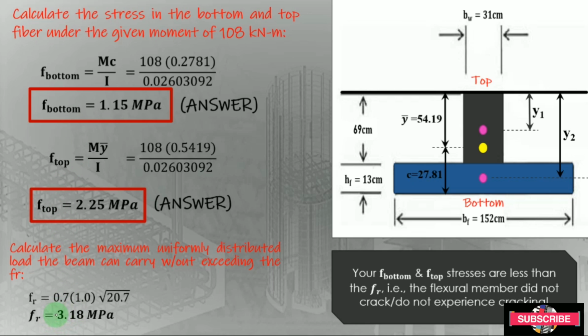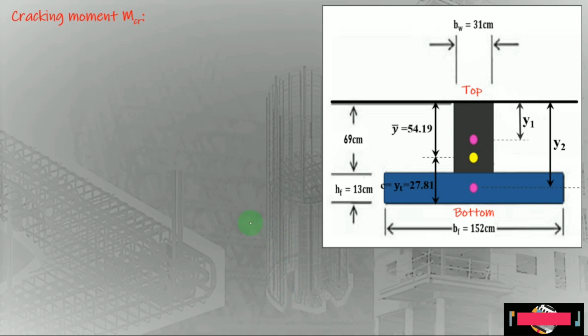Okay, so now we are not yet done. We are going to determine the uniformly distributed load, and we need to calculate first the moment, which we term the cracking moment, MCR.